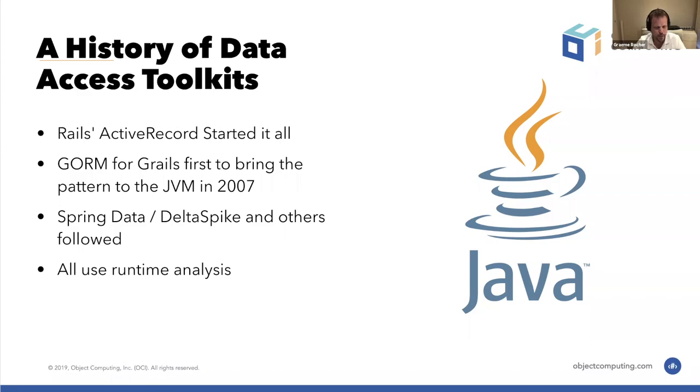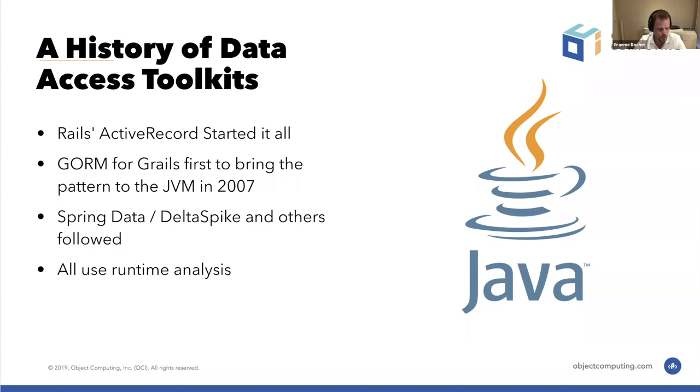In the JVM space, I think GORM for Grails was the first to really bring that pattern to the JVM, using the dynamic nature of the Groovy language to really provide the same kind of capabilities that Ruby on Rails provided. And I think it was a pretty groundbreaking experience at the time in 2007 for folks on the JVM to experience active record-like behavior.